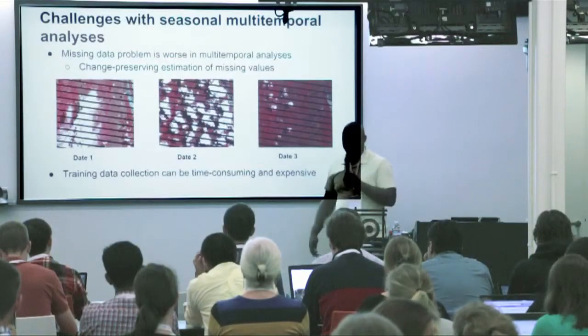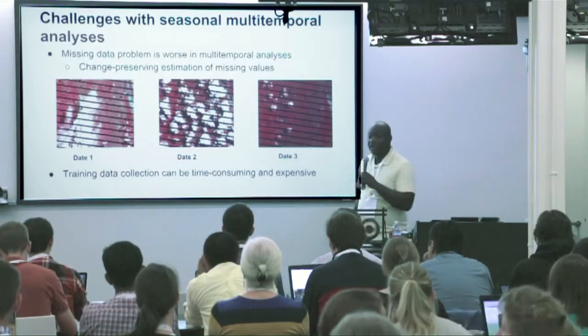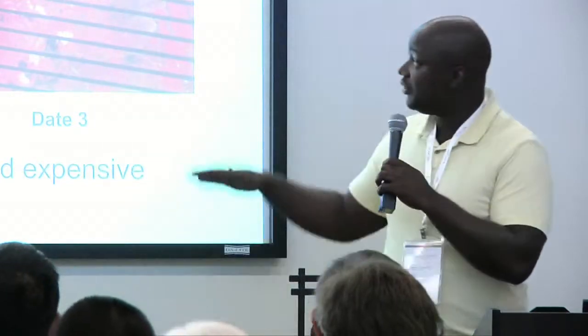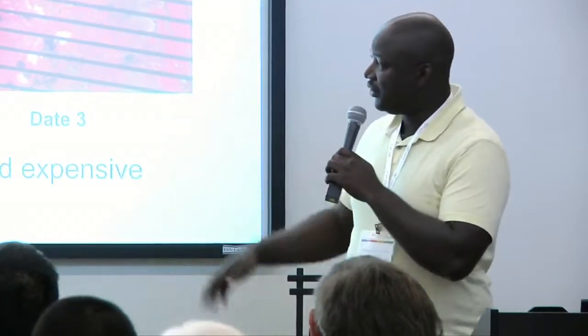So you have to move towards something that will be able to preserve the changes in the imagery that you want to use. So we've tried to move towards a change-preserving missing value imputation methodology. And then the second one is to be able to collect the training data automatically to facilitate faster implementation of the mapping.